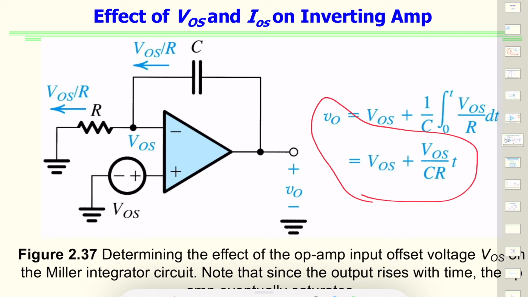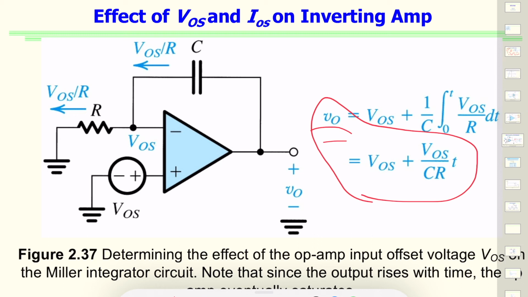Which means that the output voltage will linearly increase with time unless the capacitor or the op amp saturates. So that's not something we want. We don't want it to increase without our signal at the input. And the same thing goes for the offset current; it gives the same problem.